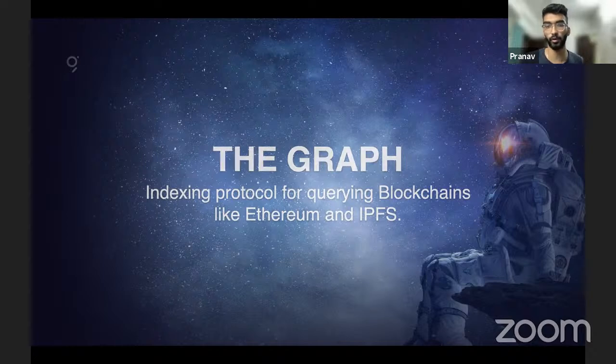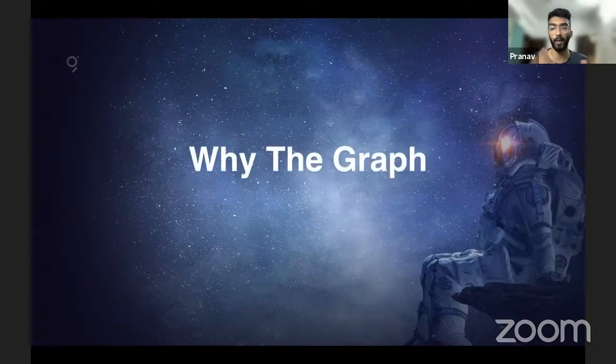There is this big question of why we need the Graph protocol. The simple reason is that the structure of the blockchain is made in such a way that you cannot query it easily, since it is basically a linked list.